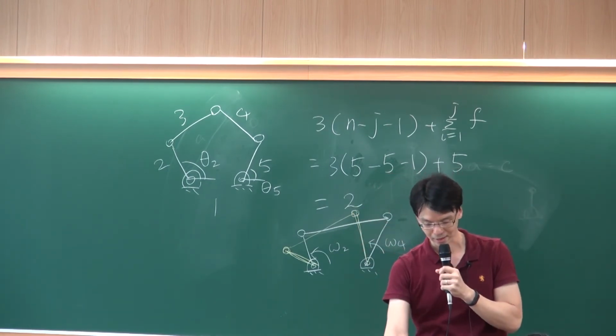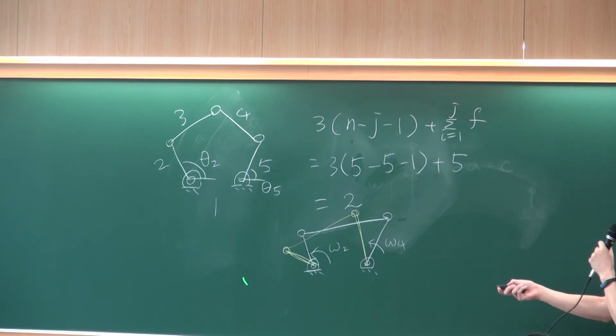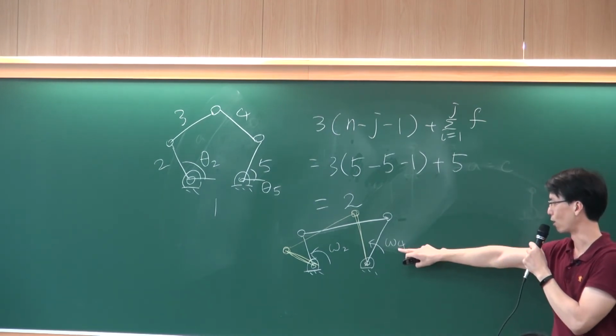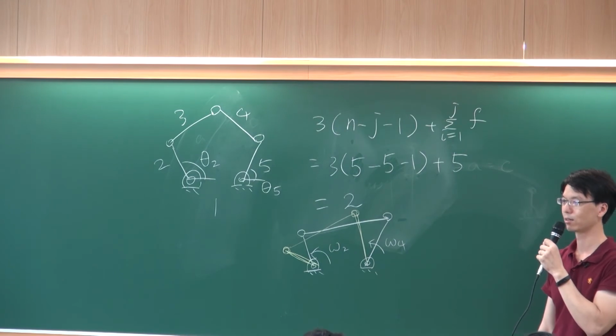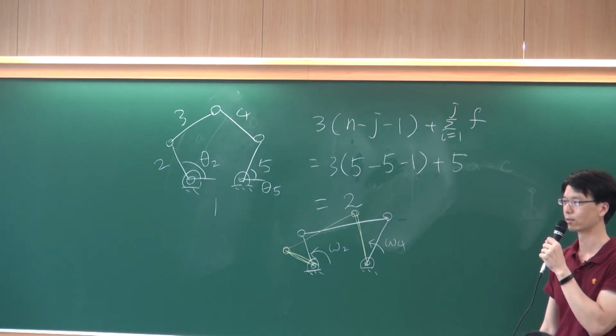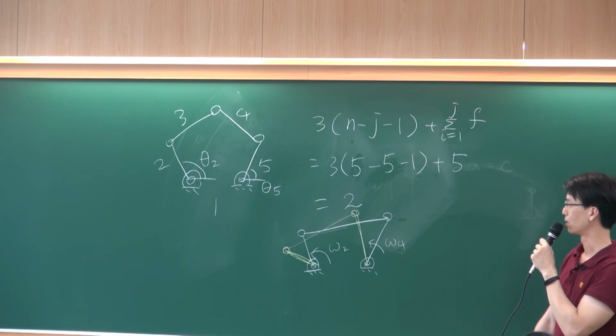Suppose omega 2 is constant, so the input is constant. Do you think omega 4 is going to be constant, or is it going to vary? How do you think?